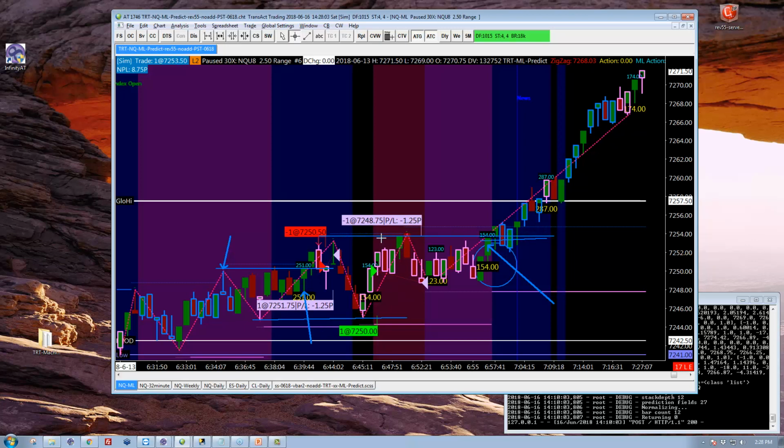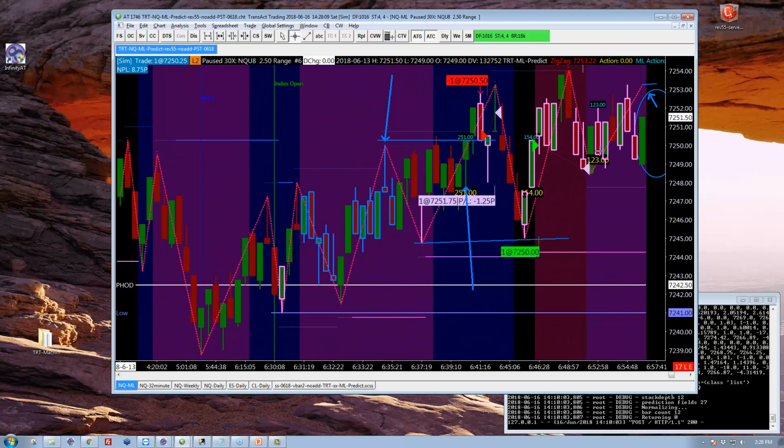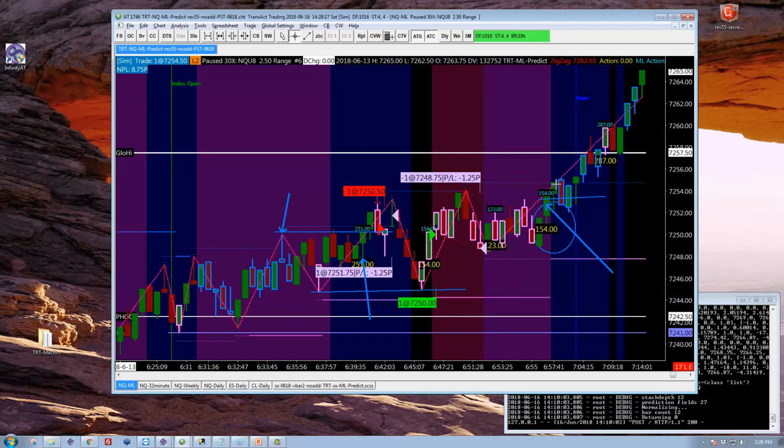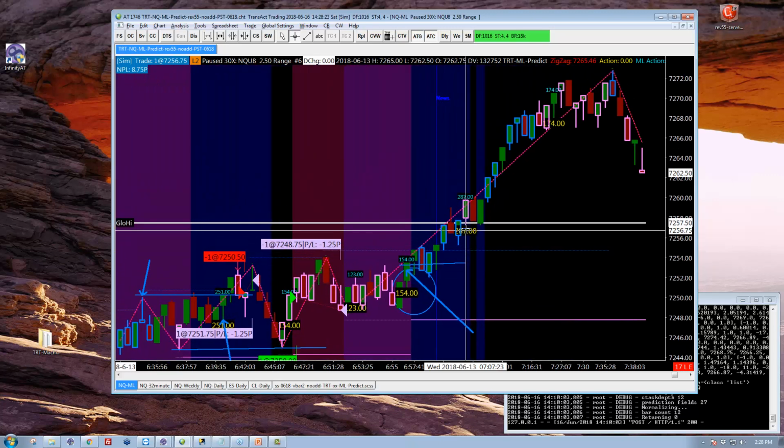If you don't like that, that's too bad, because what we're doing here is avoiding chop, and that's clearly choppy. If you don't think that's choppy, then we disagree on what chop means. We get a 287 here that ends up.